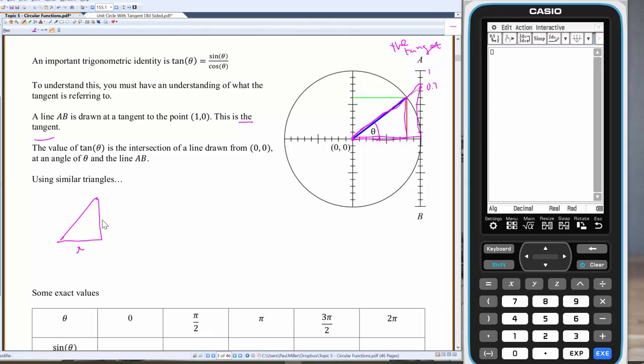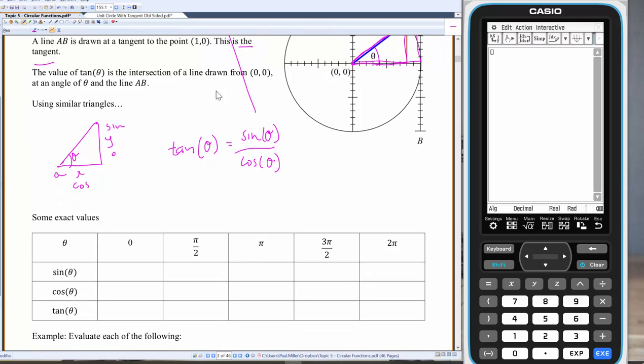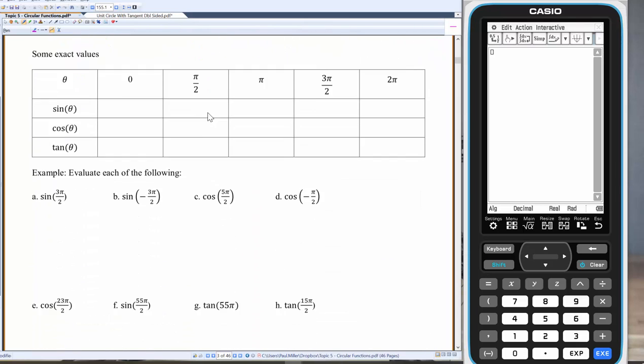If I know that that's x and that's y, and I know that x is given by cosine, and that sine is given by y, then the tangent is going to be the opposite over the adjacent. So tan theta is the opposite over the adjacent, y over x, or sine theta over cosine theta, which is what we had there.